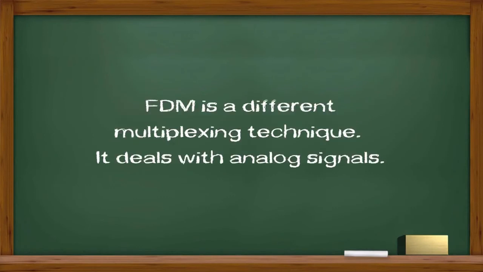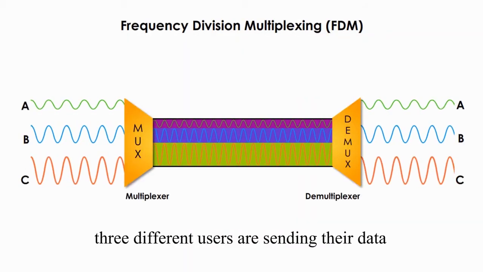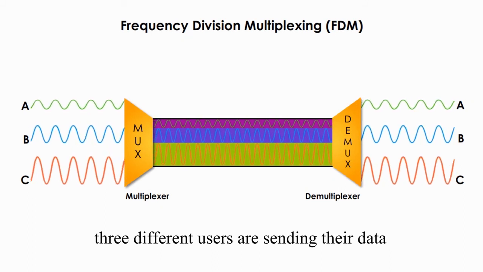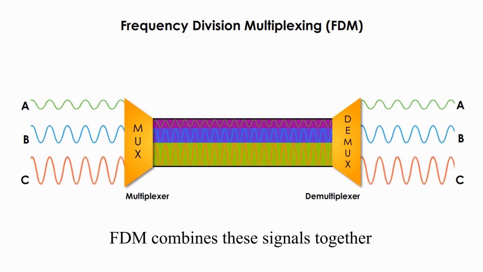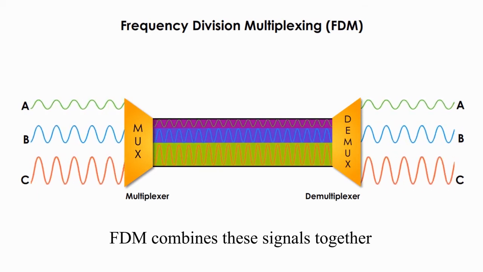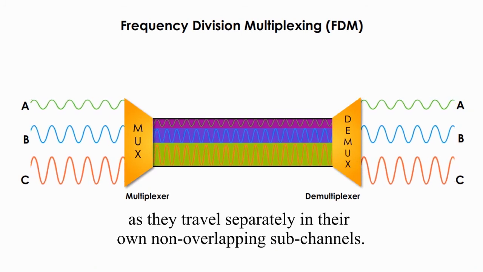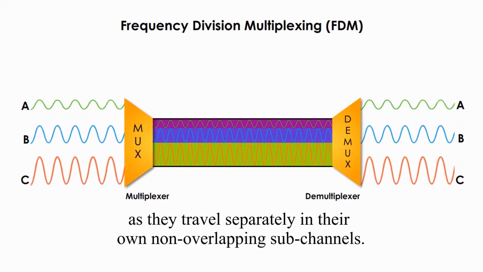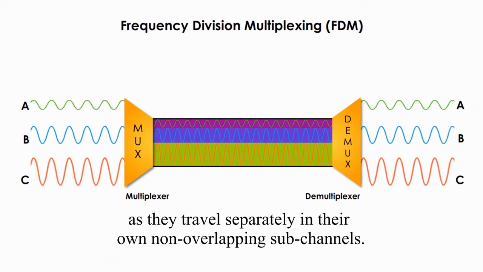FDM is a different multiplexing technique. It deals with analog signals, not digital signals. Look at this example. Three different users are sending their data over the same channel. FDM combines these signals together and sends them simultaneously as they travel separately in their own non-overlapping subchannels.